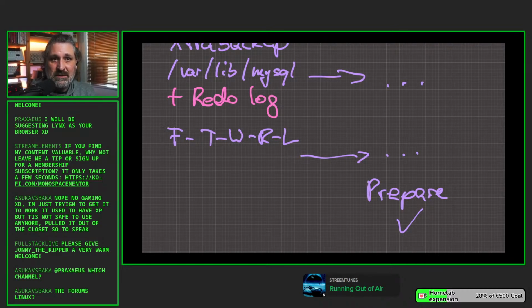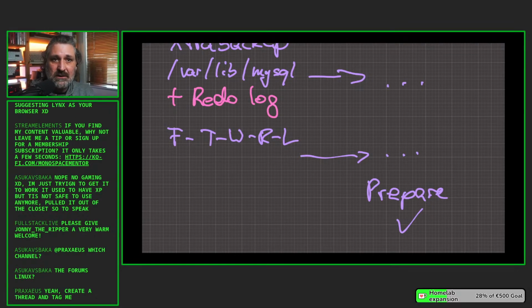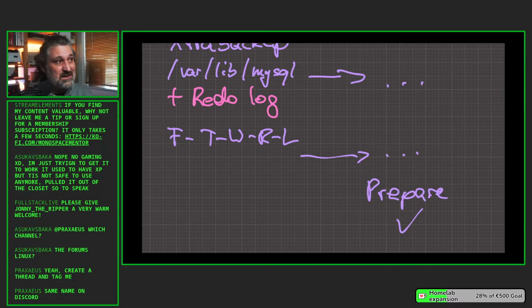You don't have to do multiple rsyncs or stuff like that. It's simply doing a file copy with the redo logs as well. And then it does a very short lock of the database, in our case on Monday or Tuesday morning, basically.